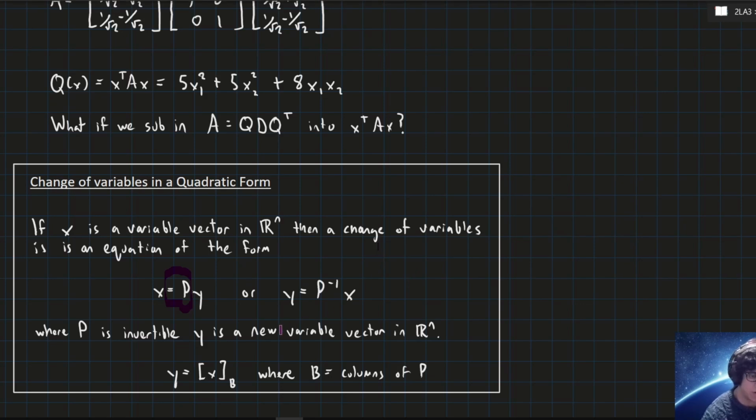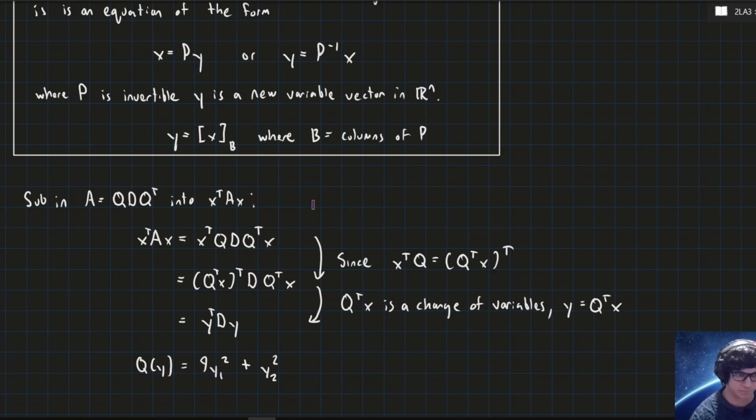Our new variable y could be considered the B-coordinate vector of x, where B is the columns of P. Remember we talked about invertible P being a translation between the standard basis and the columns of P, and that's what's happening here when we make a change of variables from x to y.